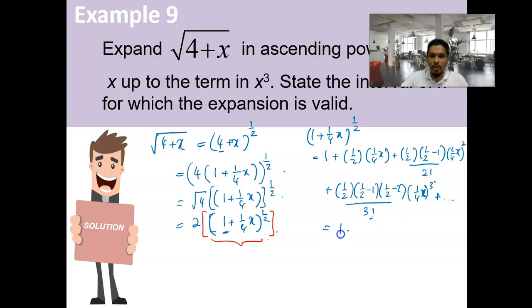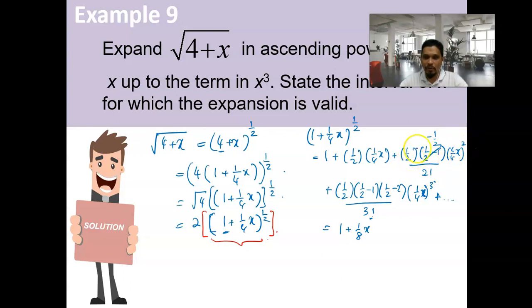So guys, the first term is 1. And here, if you calculate it by yourself, 1 over 2 times 1 over 4 is 1 over 8x. This is negative 1 over 2. So half multiplied with negative half divided by 2 factorial and 1 over 4x squared.